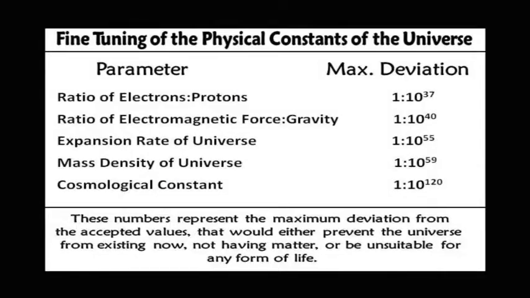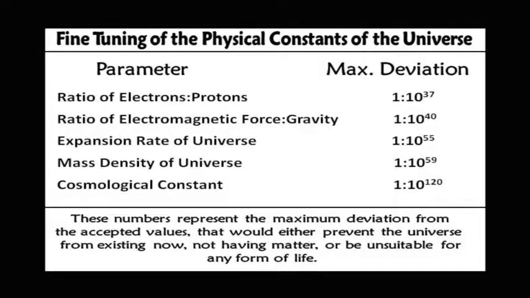Now, the amazing thing is this: science now knows that if you move it just a touch one way or the other, you would not have life, you would not have galaxies or solar systems or planets or stars that would be able to be existing in the universe.